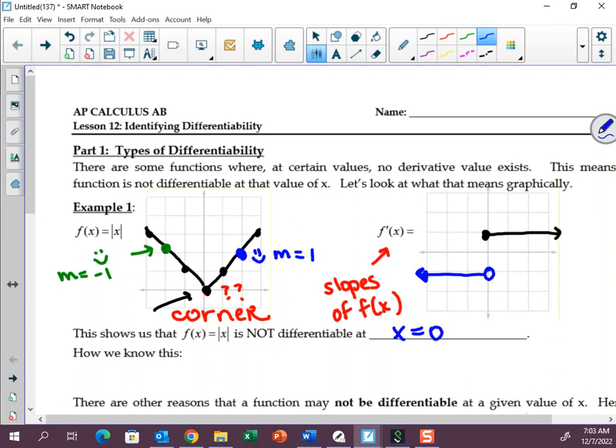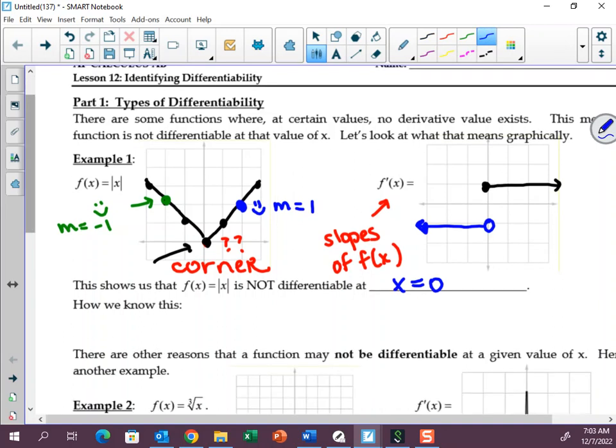We don't have a derivative or a defined slope at x equals 0. And the reason, it's not because of this not having a solid point on the derivative. It's the continuity problem.